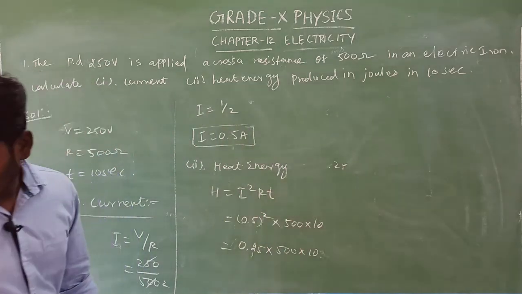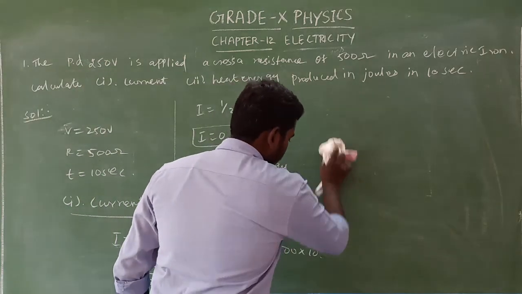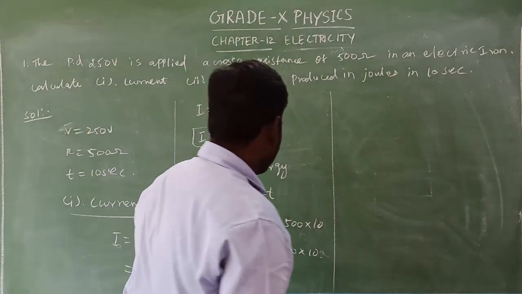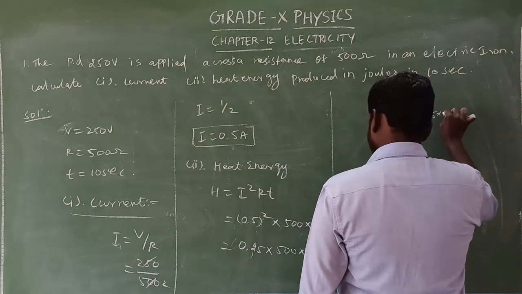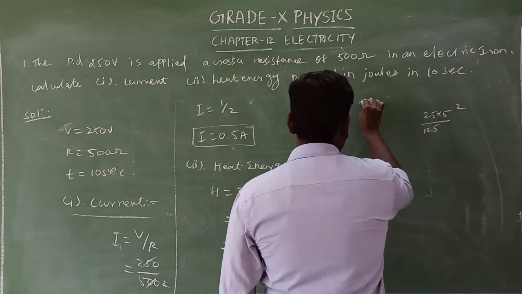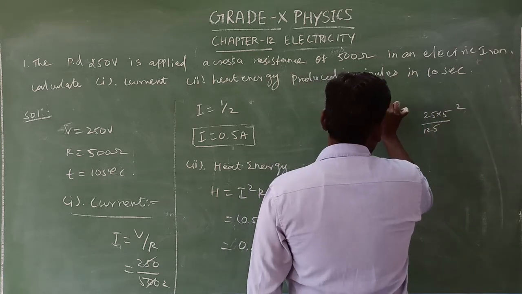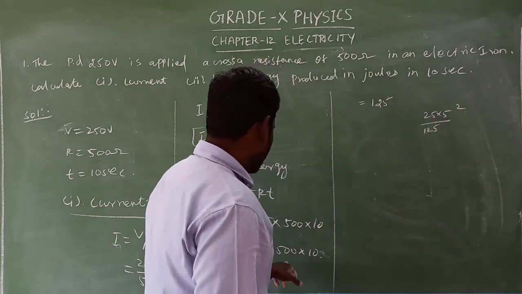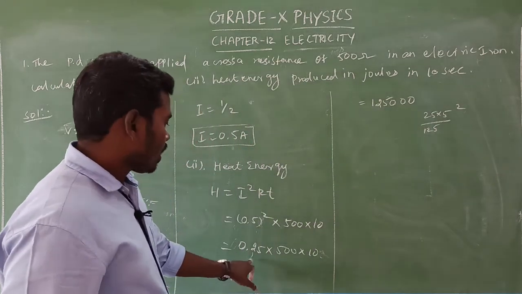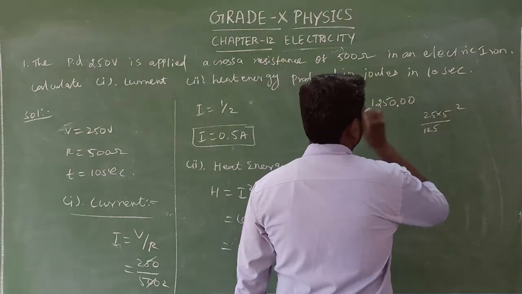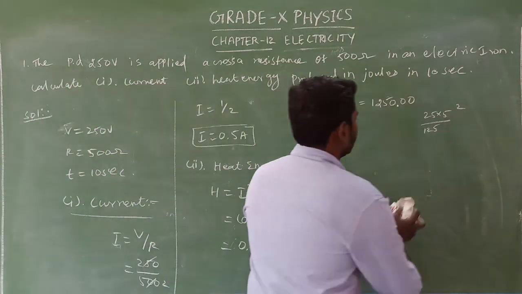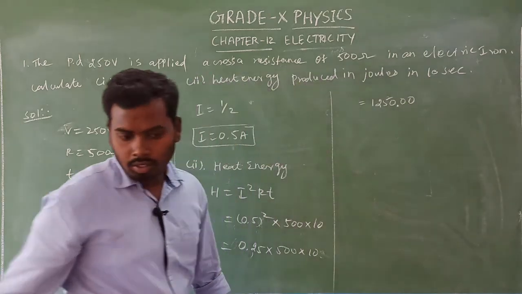Again you further multiply that. 25 into 5 is 125, and how many zeros are there? 1, 2, 3. Then you put the dot after 2 digits. So what will be the value? 1250.